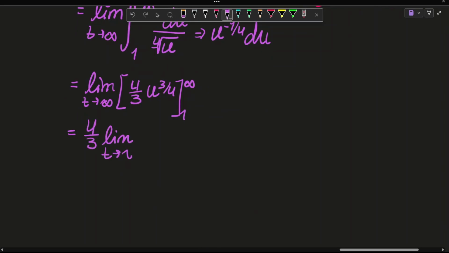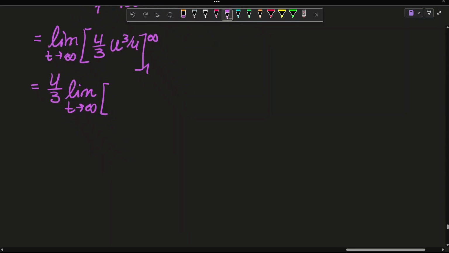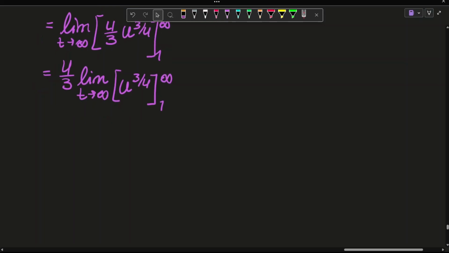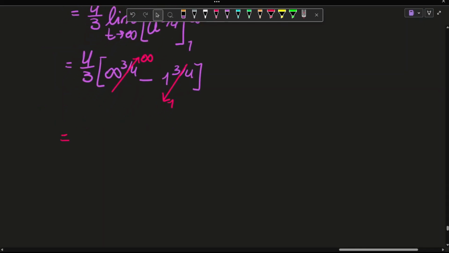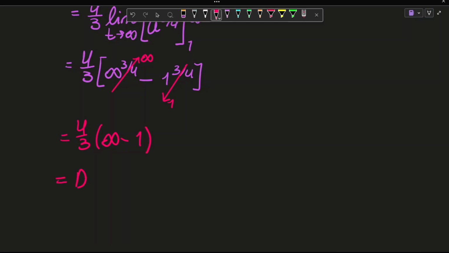Now here, we sub everything in, get infinity to the power of 4 over 5 minus 1 to the power of 4 over 5. Of course, this evaluates to infinity, and this evaluates to 1. Since we have infinity here, we have a constant times infinity minus 1, which is then divergent. It's just a constant times infinity, which is infinity.